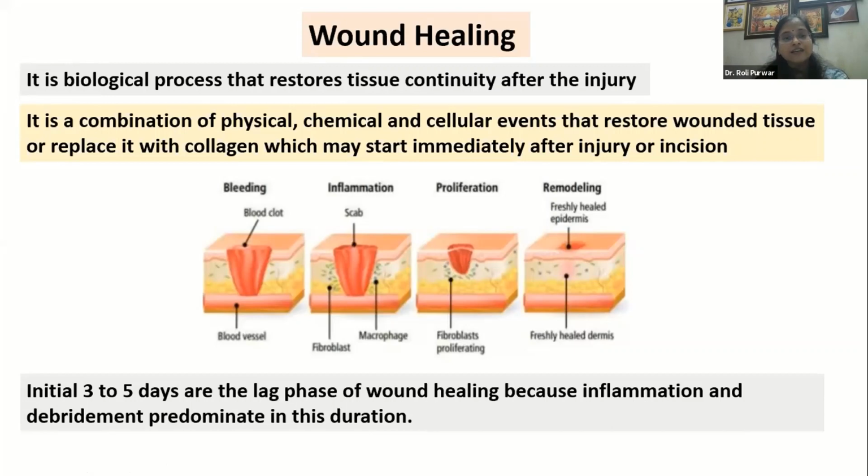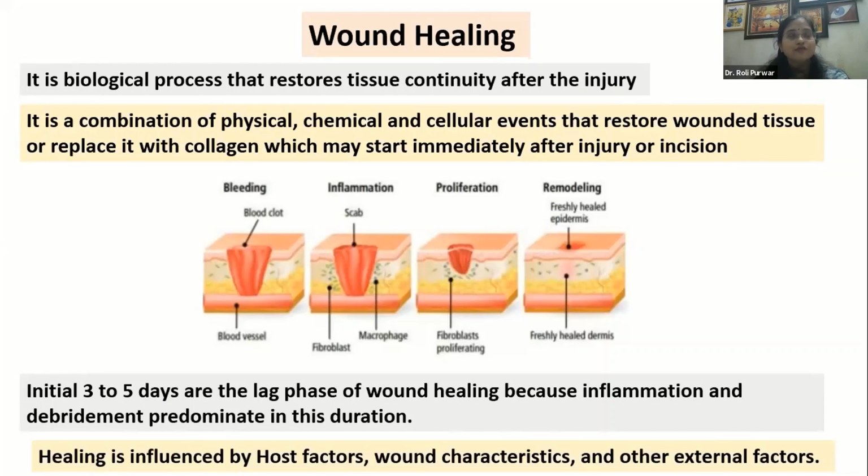The initial 3-5 days are the lag phase of wound healing, because inflammation and numbness predominate in this duration. Healing is generally influenced by host factors, wound characteristics, and other external factors. Some people have very fast healing, some have slow healing, so it is completely dependent on the particular person or host factor.